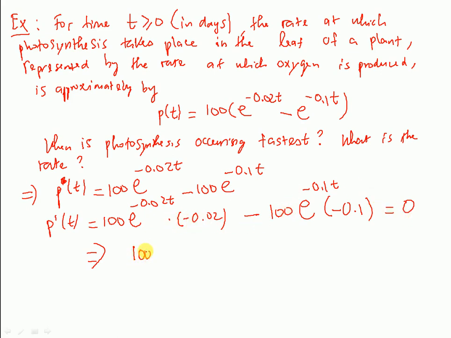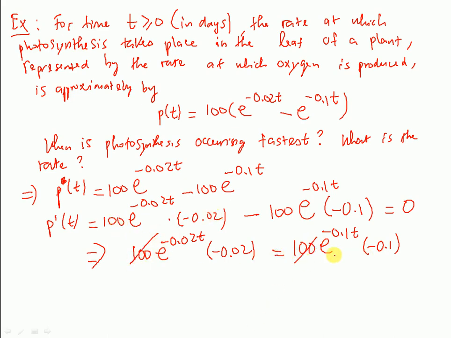So I have 100 e to the minus 0.02t multiplied by minus 0.02. So we bring this whole thing to the right side because this is a 0, minus 0.1t and minus 0.1. The reason I didn't want to multiply 100 to here is because now we can cancel.